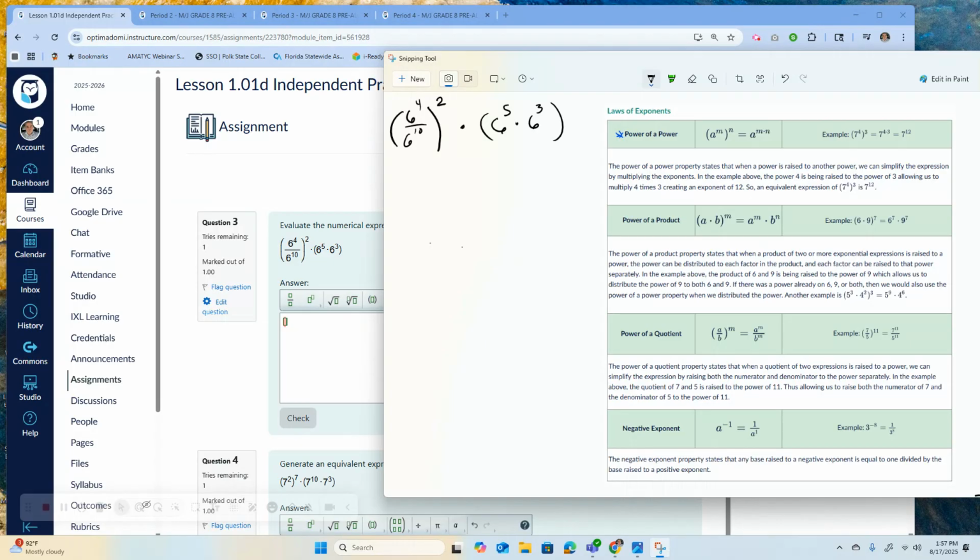So I had two parentheses. I want to get rid of each parenthesis. I'm going to go to my first parenthesis, the one I'm going to highlight here in yellow. I'm going to work with this first. However, keep in mind that that parenthesis has an exponent 2 on the outside. So I'm going to have to keep the parentheses and the exponent 2 outside, and I'm going to work with what is inside the parentheses.